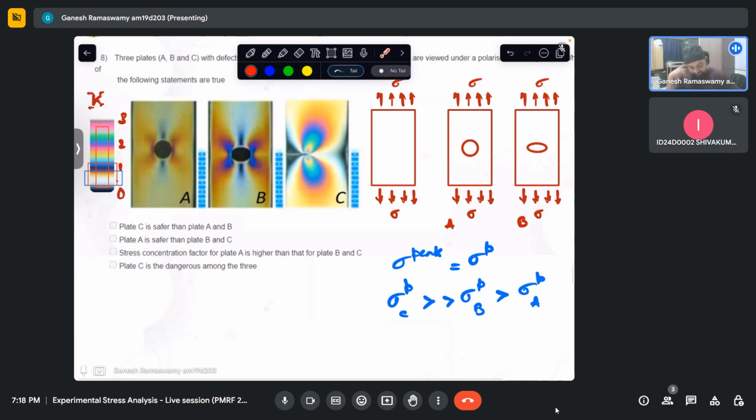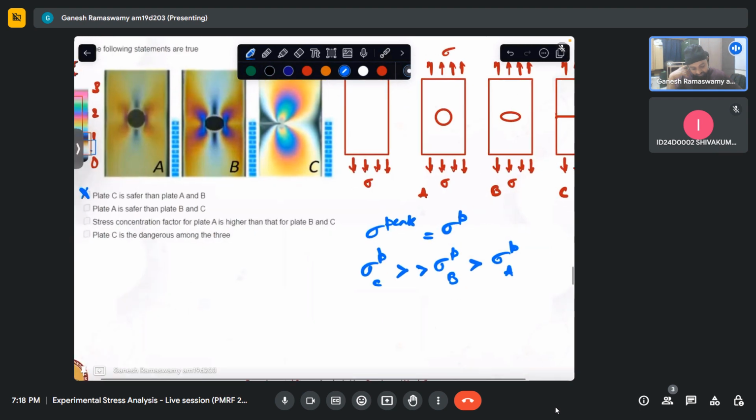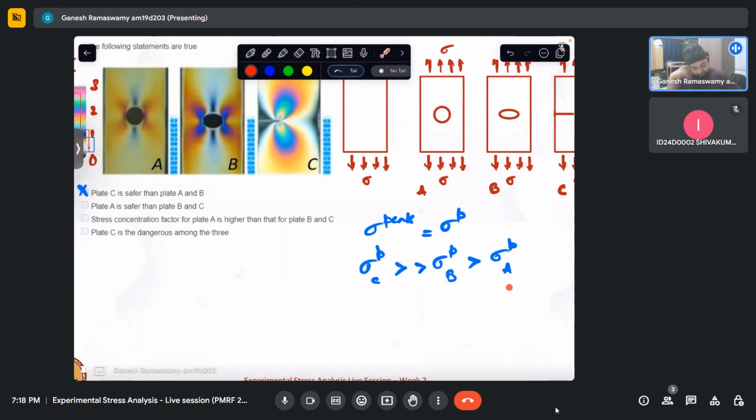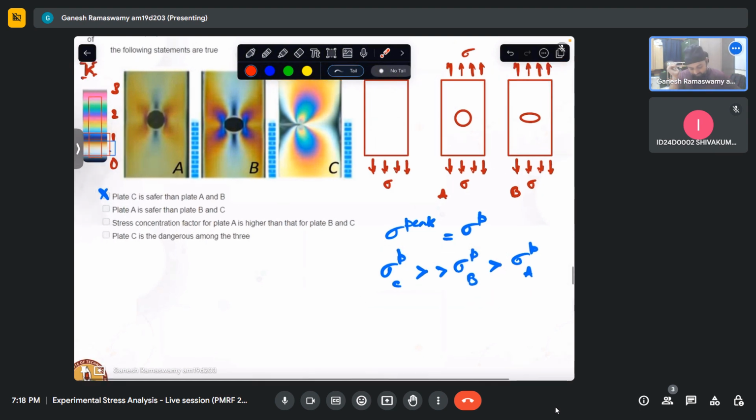In such a case, plate C is safer than plate A and B is clearly not correct. Plate A is safer than plate B and C. A is safer than B and C because it is less stressed. So yes, this is true.